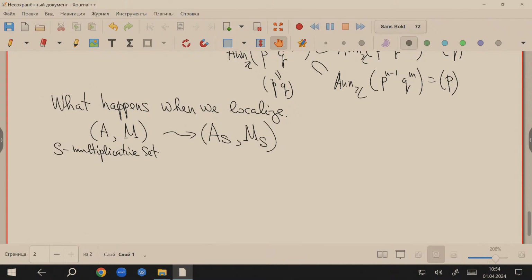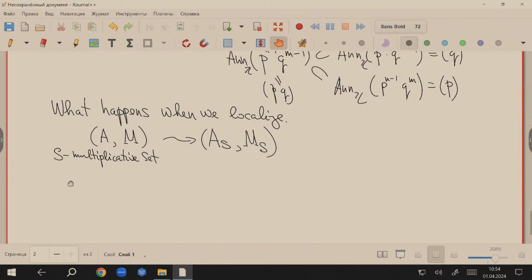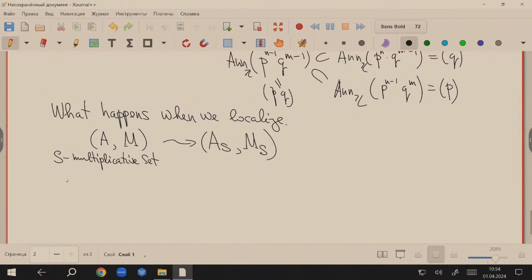elements, and the claim is the following, that when you want to localize, you just have to intersect.